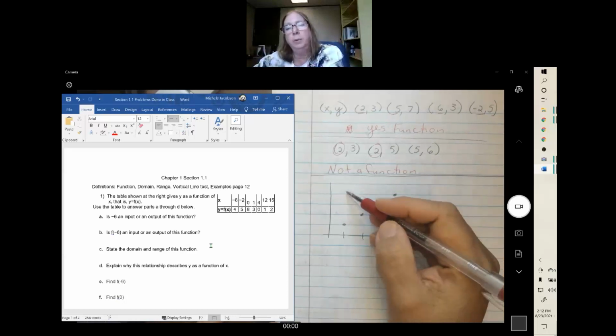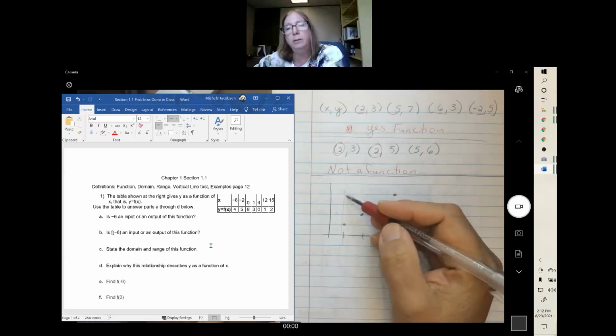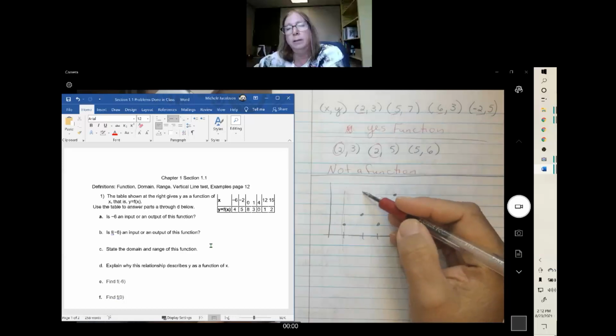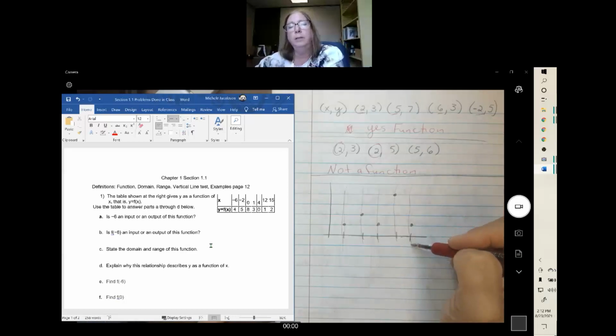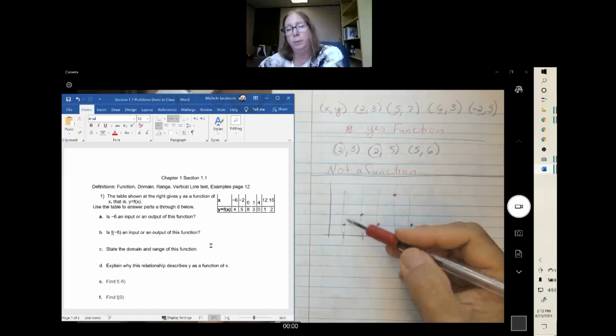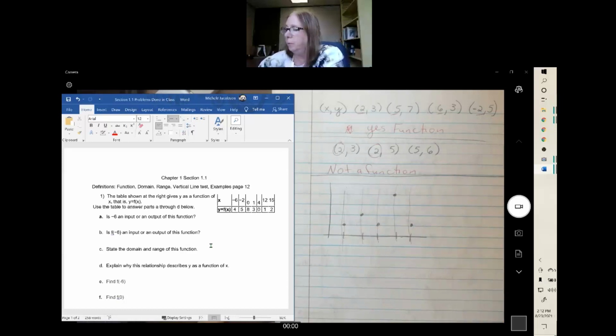If you can draw a vertical line at each point and only hit one of the points, then it's a function. So this would be a function because each vertical line only hits one of the points.